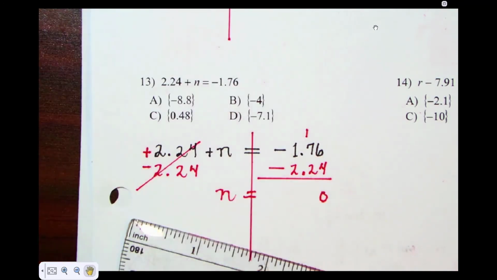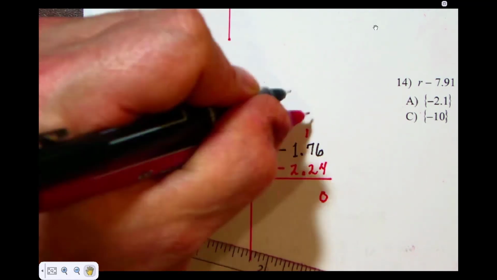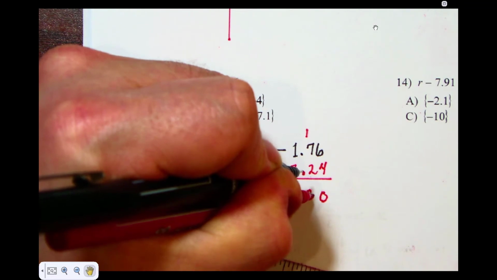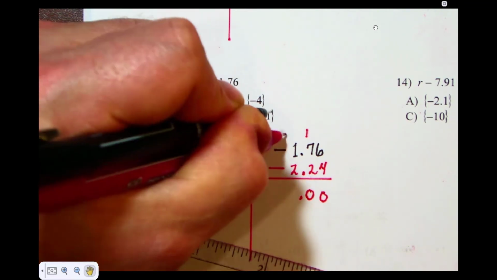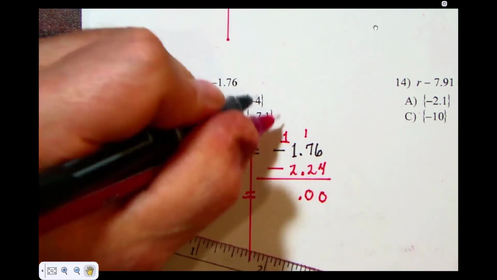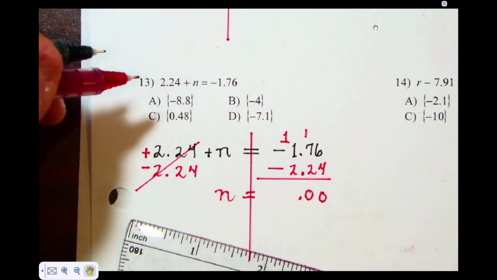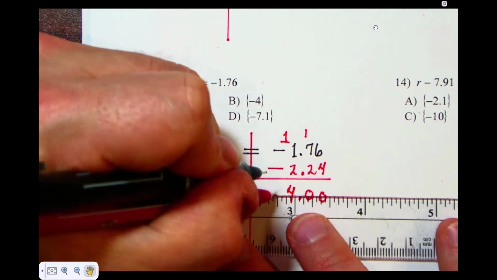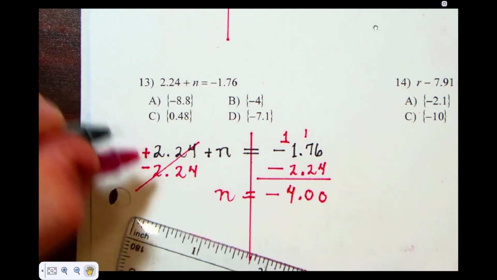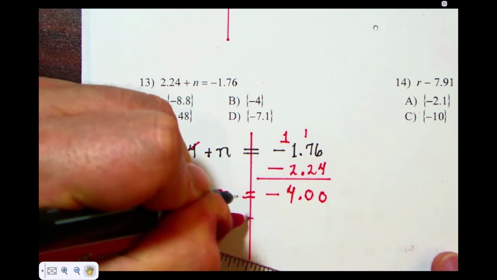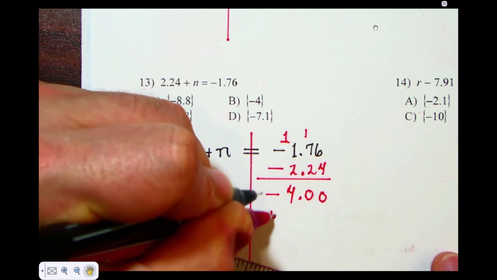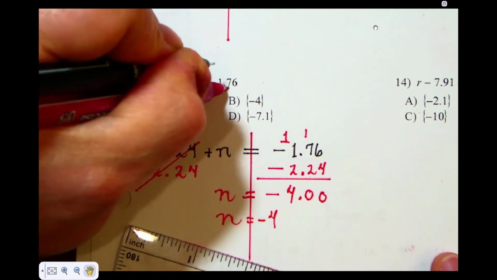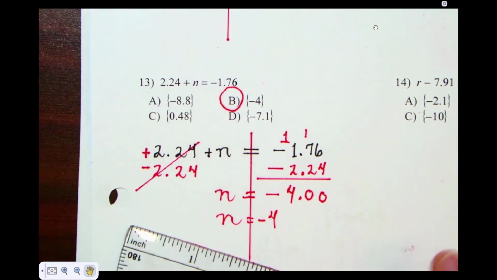Carry the 1. 7 plus 2 is 9. Plus 1 is 10. So put a 0, put a dot, carry the 1. And now 1 plus 1 plus 2. Well, that's 4. But it's negative. So it's negative 4.00, or n equals negative 4. Okay. Lots of silly mistakes there.